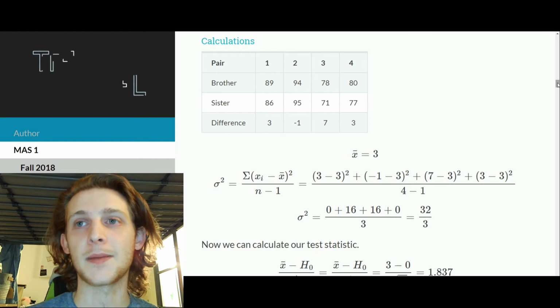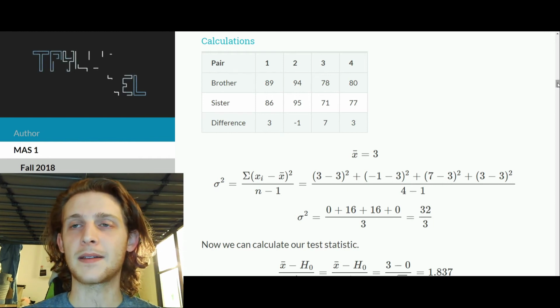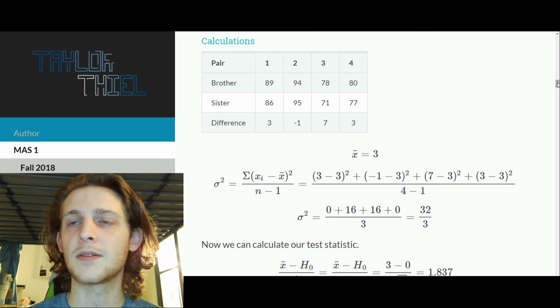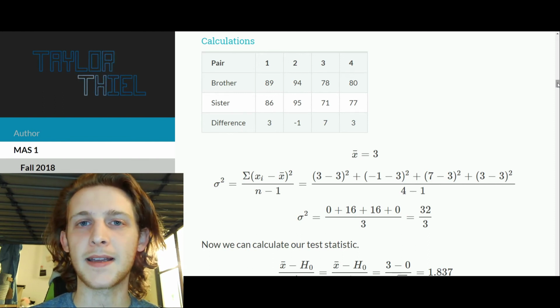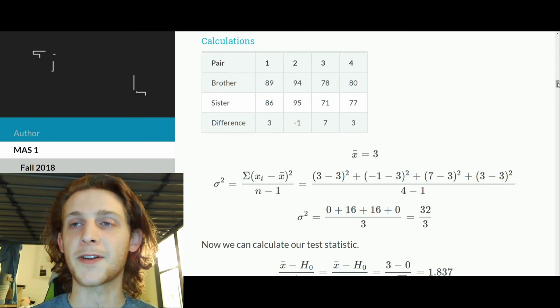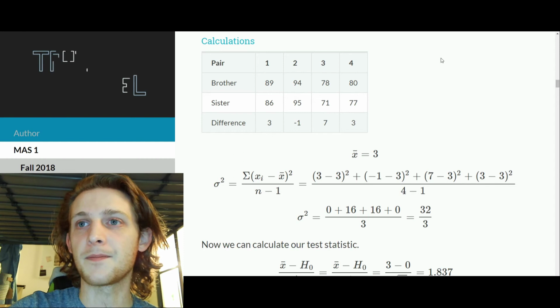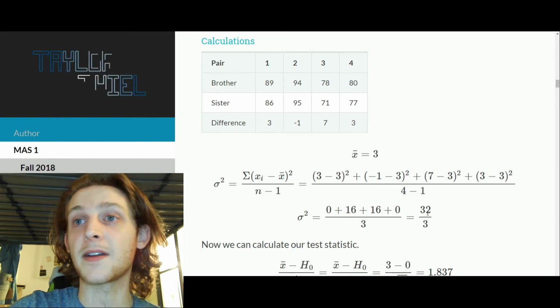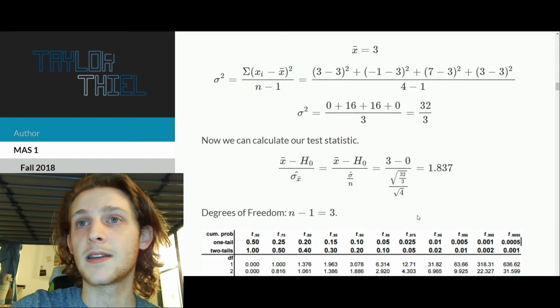I think it's a good time saver. I have a separate video, maybe I'll link to that, that walks through how to calculate the sample average and sample variance, but it's definitely a skill worth learning to save you some time during the exam. But we end up getting that the estimated variance is 32 over 3.